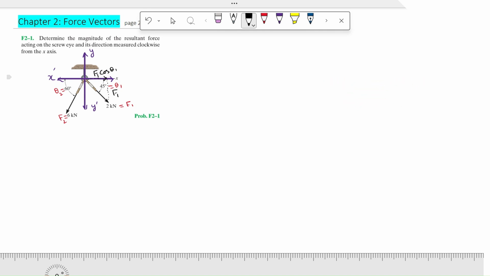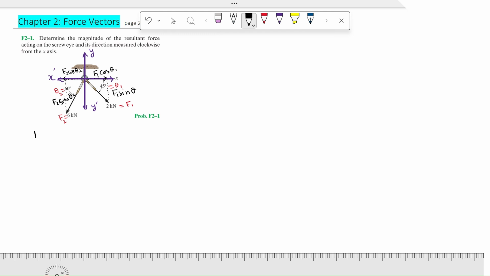So for y it is F1 sin theta 1. And similarly for the F2 force, the x component will be F2 cos theta 2, and the y component will be F2 sin theta 2. Remember, this is from simple trigonometric ratios.